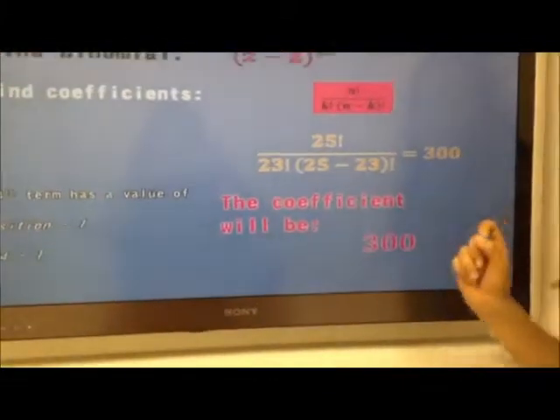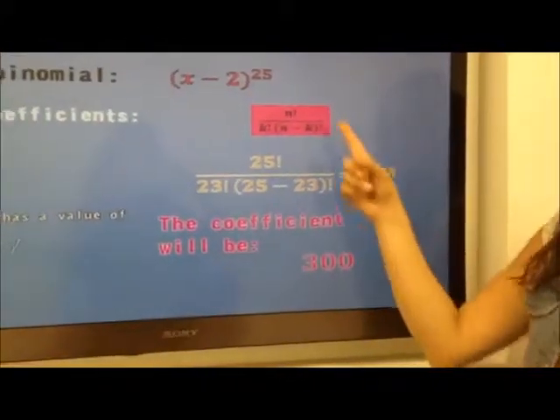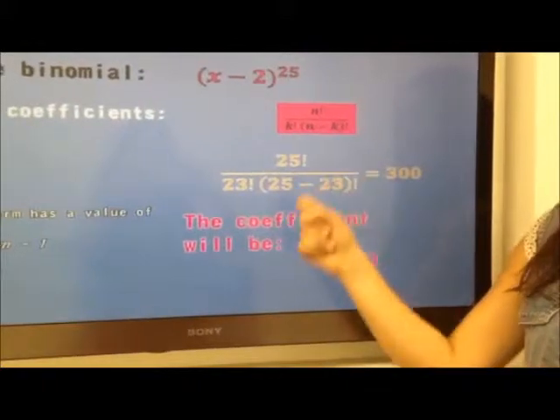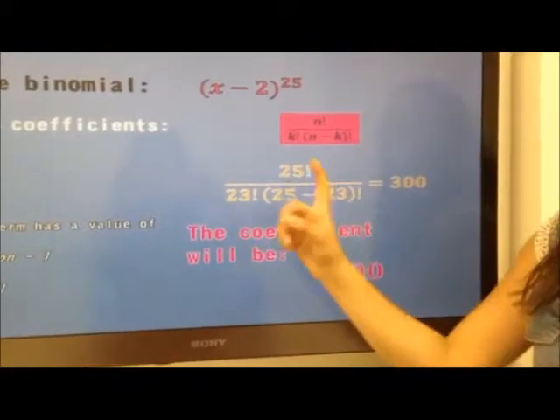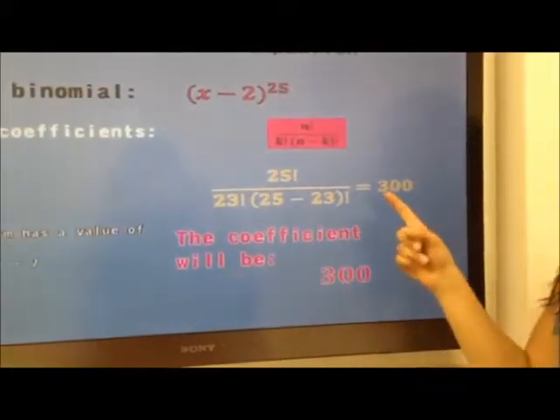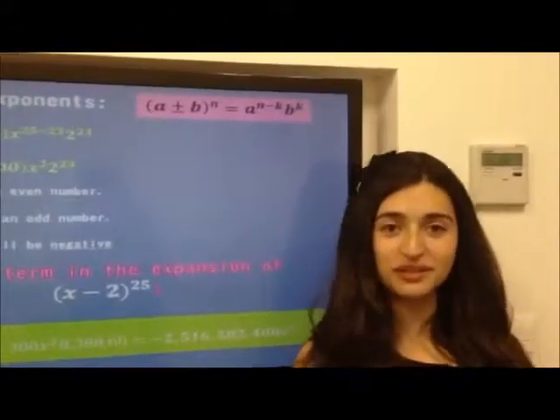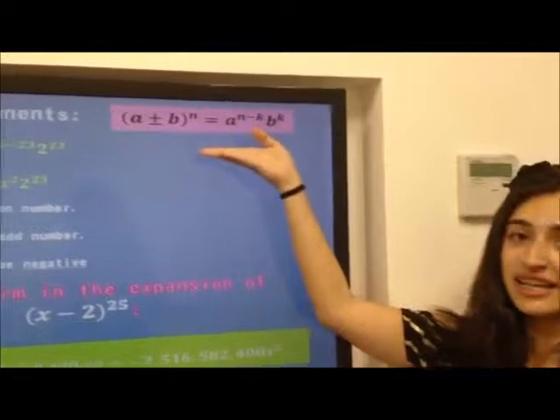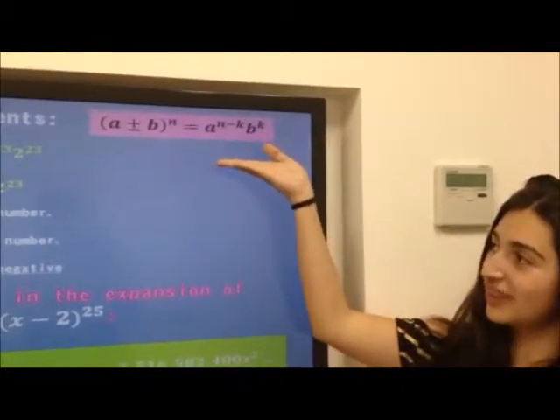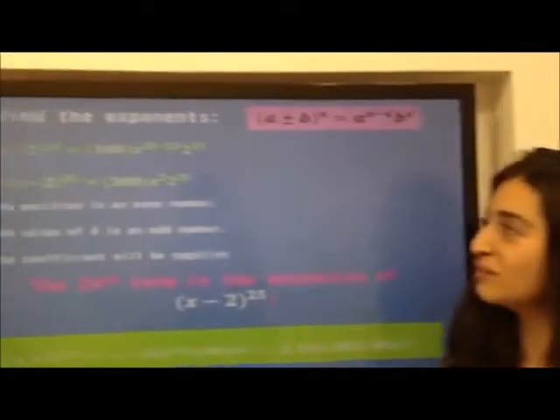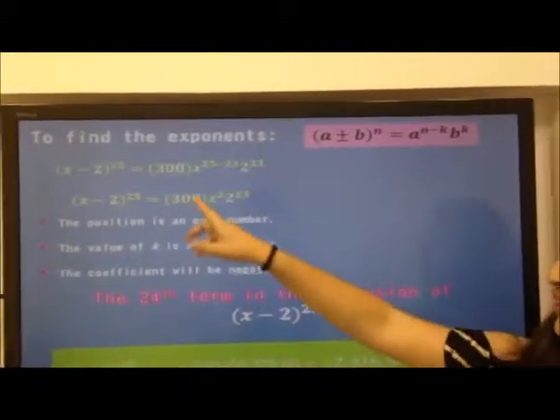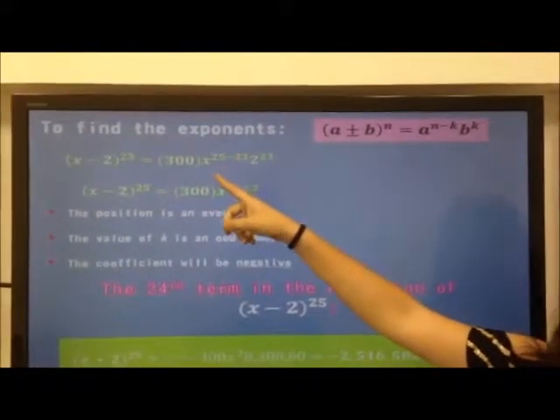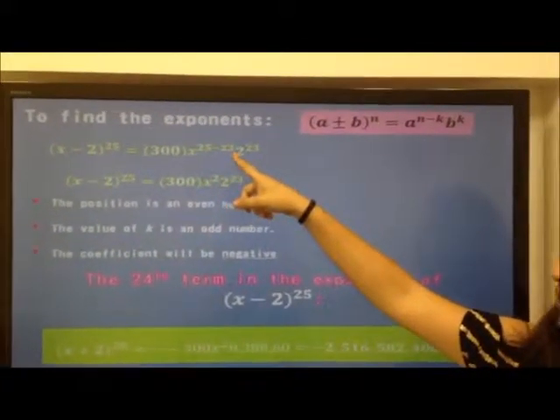Well, now we substitute the formula with the values 25 as n and 23 as k. And after this process, we're going to find the coefficient. To know the exponents, we will use the formula that we've been using through all the exercises. We will substitute, remembering that n will be 25 and k will be 23.